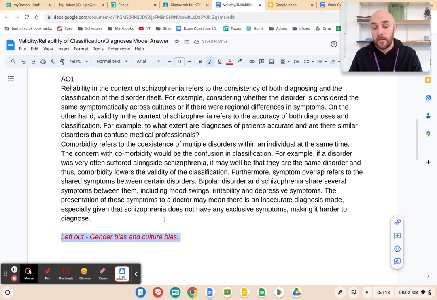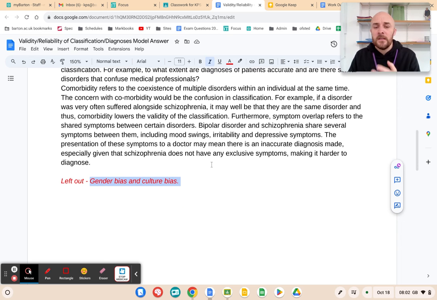What I could have done though is I could have gone for gender bias and culture bias. I've left those out, but if you didn't feel that this was enough, you could easily bring them in as well. So I would say that is a model A01.